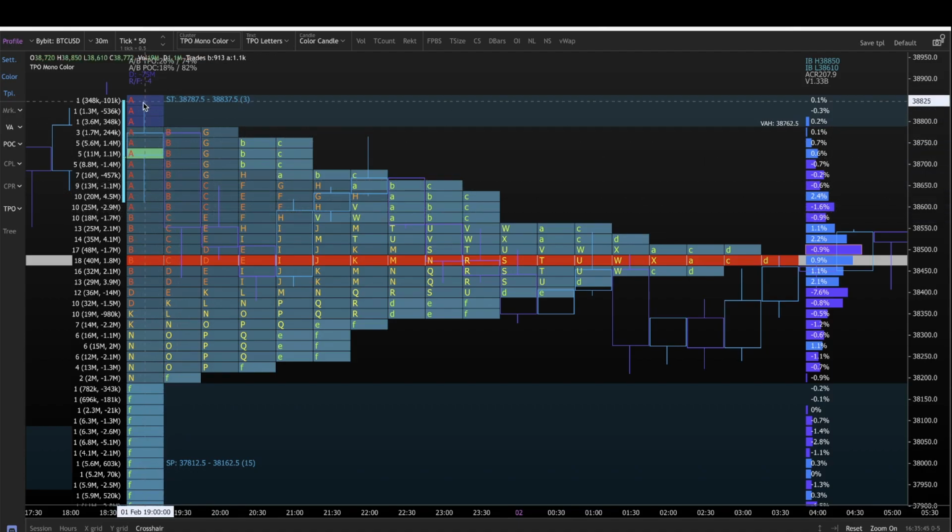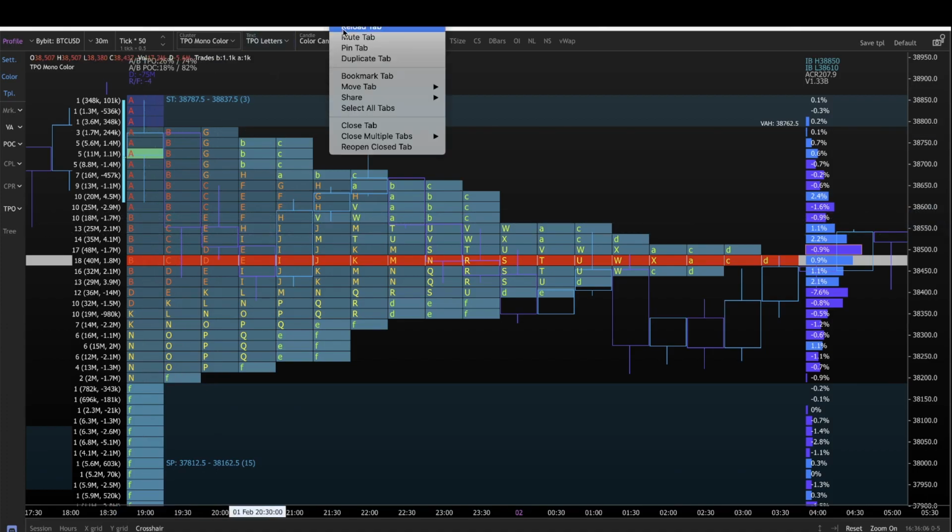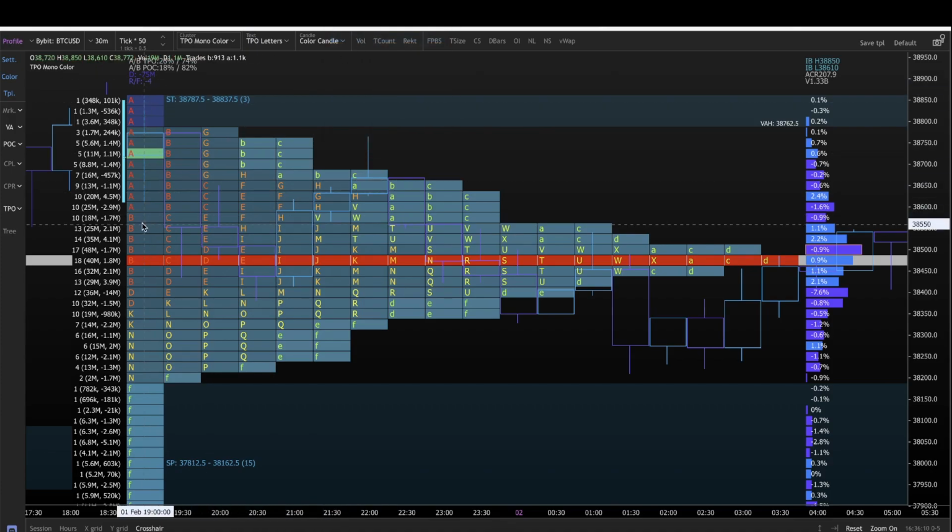For that day, candle 1 is candle A. It only came from the price of 38575 up to the price of 38850, and that's it. But then candle B opens up where candle A was, but then it moves down into uncharted territory. And so candle B will now start to fill in that first column of prints with the letter B, okay?